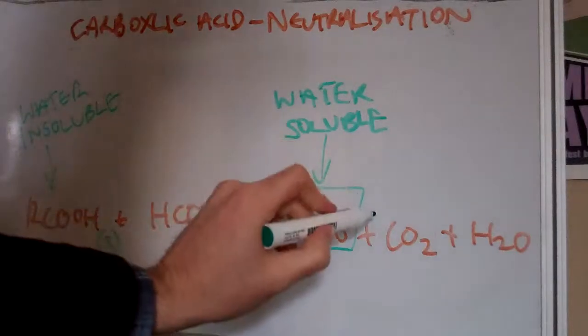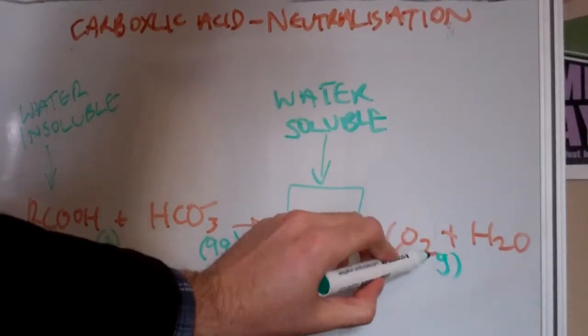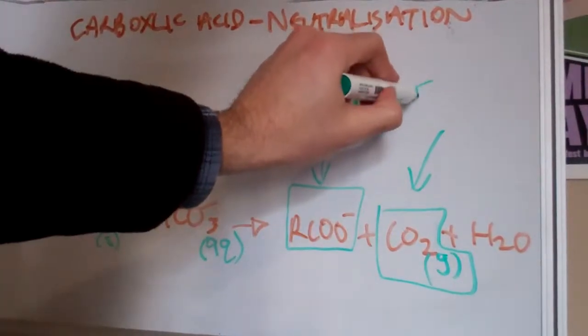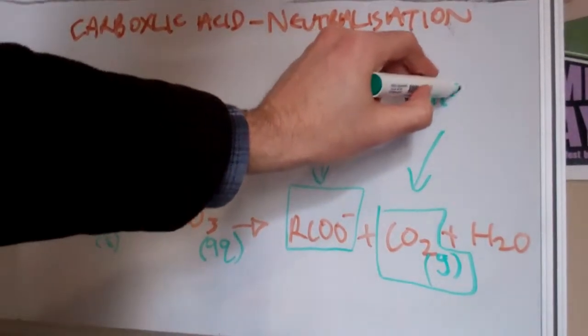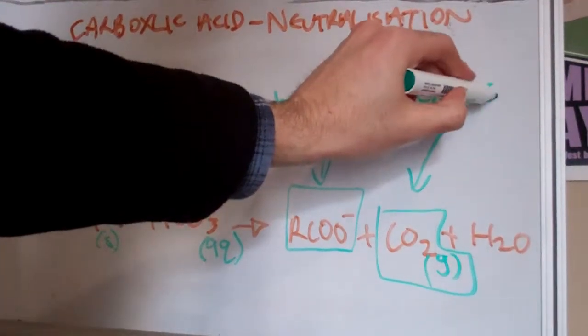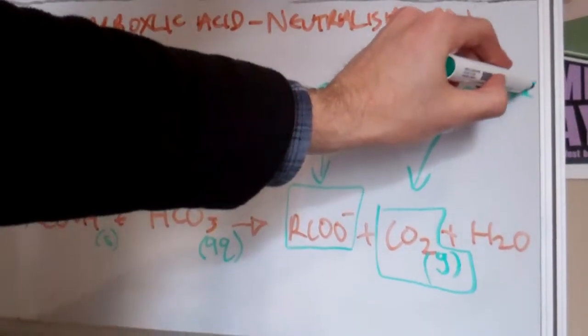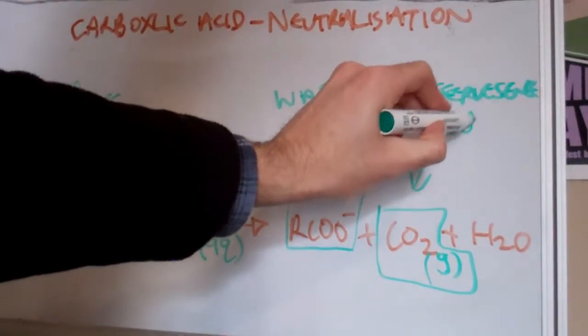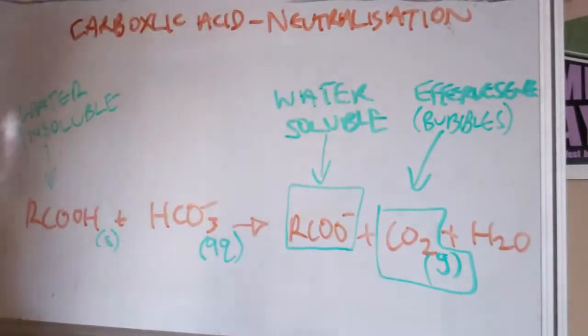Another thing that you would notice when this reaction happens is, as carbon dioxide is produced, you get some effervescence, which is bubbles forming, and the reason is because carbon dioxide is being produced.